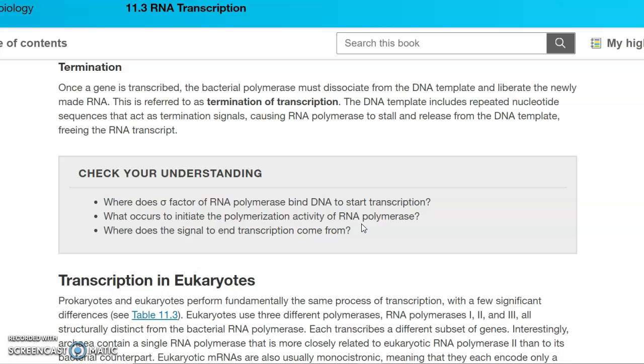And in the DNA template, we have these pieces of nucleotide sequences that act as these termination signals. In other words, this is the point at which the RNA polymerase can't continue, and that's how it knows it's the end of that particular gene that's going to code for that protein.